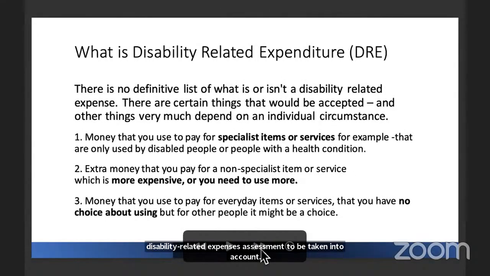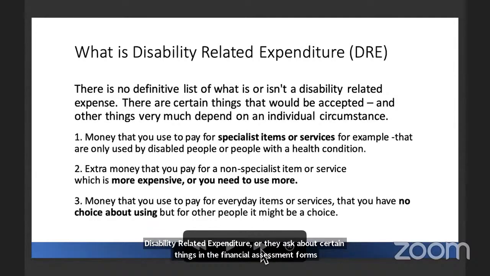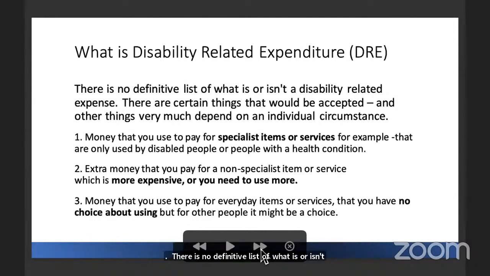So, what is disability related expenditure? Lots of local authorities send out information about what could be a disability related expenditure, or they ask about certain things in the financial assessment forms. There's no definitive list of what is or isn't a disability related expense. There are some things that would be accepted and other things that depend very much on an individual circumstance.